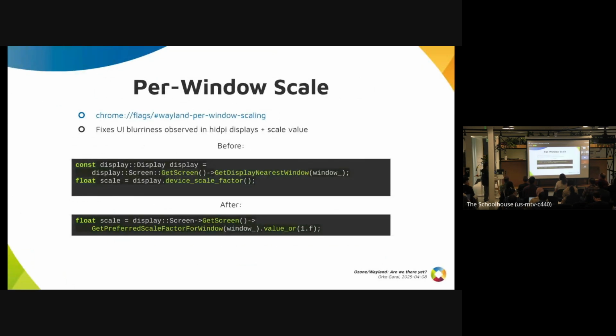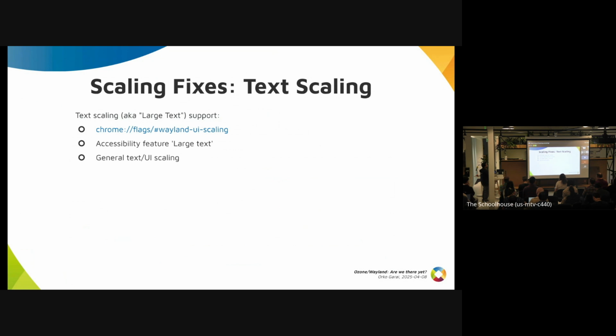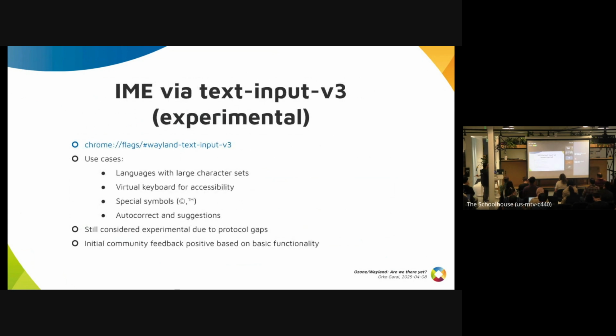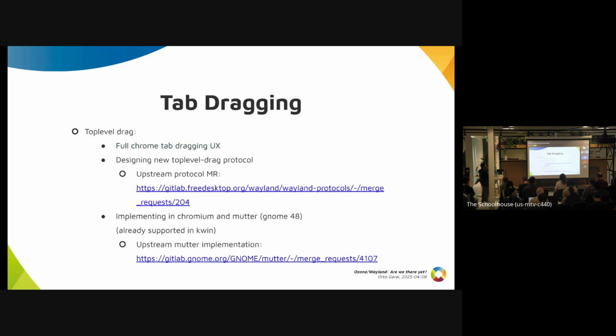Per window scale is something we implemented to support scaling on high DPI displays and fractional scales. We implemented text scaling for large text accessibility feature. We experimentally implemented text input v3 for IME use cases.